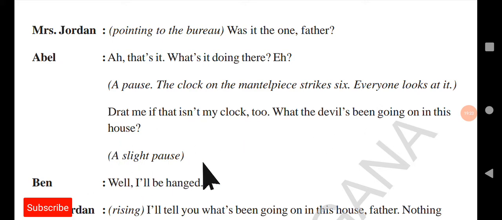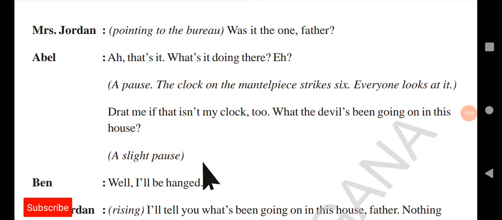So here Abel Meriwether confirms that the bureau was his, and immediately the time was 6 o'clock and there was a ding dong bell in the clock. Everybody looks at the clock, and even Abel also looks at it and says, why is my clock here? Is something devilish going on in the house? What is happening in the house?